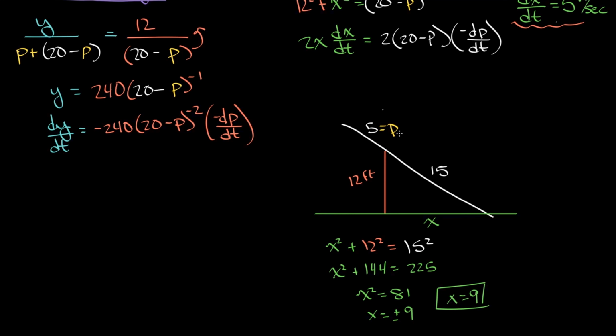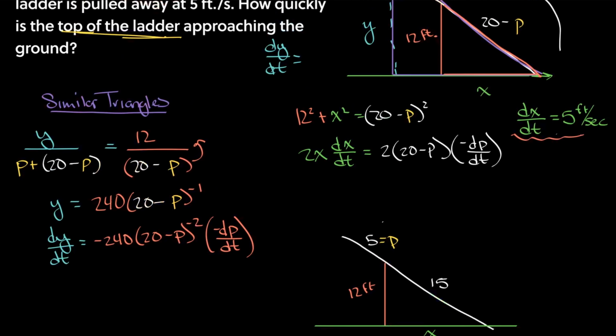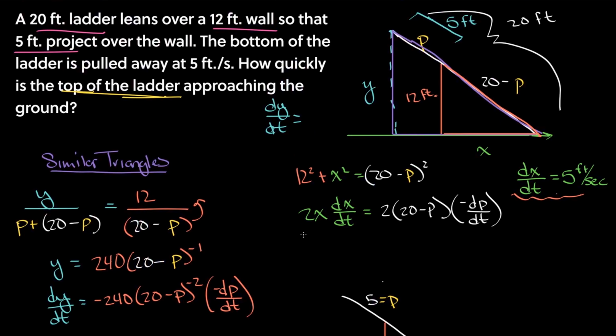So we found x. We have p, we have dx/dt, so that should be enough to solve for negative dp/dt. So we said that we're going to have 2 times x, which we found was 9, times dx/dt, which we were told is 5. And then on this right-hand side, we have 20. We have 2 times 20 minus p, which we found to be 5, so that's 5, and then we still have this negative dp/dt.